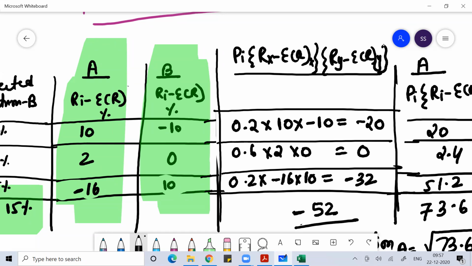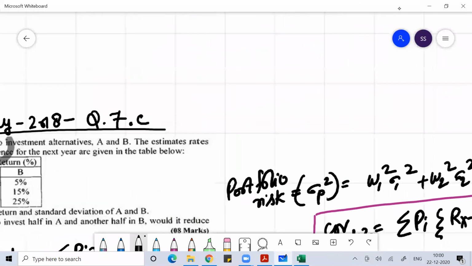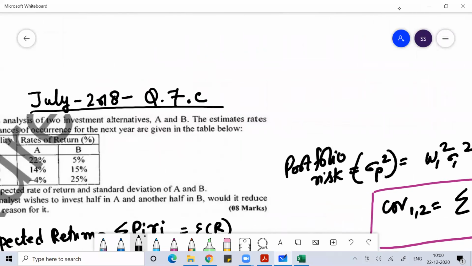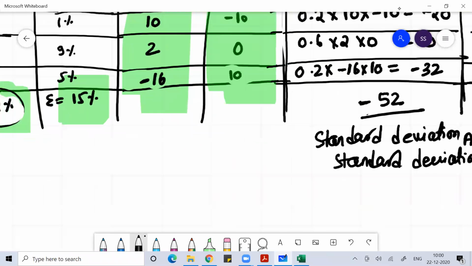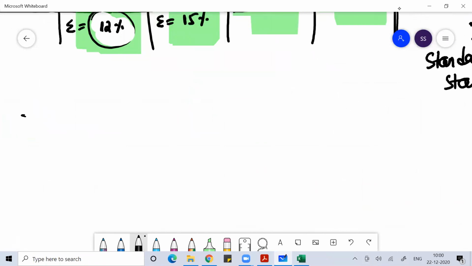Any doubt? You got the covariance between stock A and stock B, which is minus 52. I think you got everything.